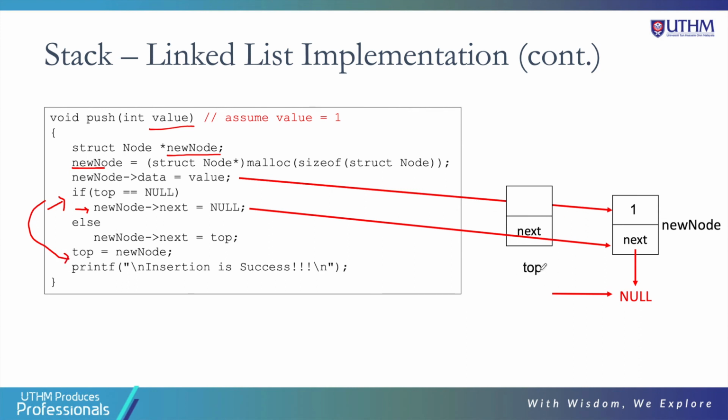So whatever is inside this new node will be transferred to top. Top equal to null actually means that the stack is empty, so the first value that you insert is actually the first value.